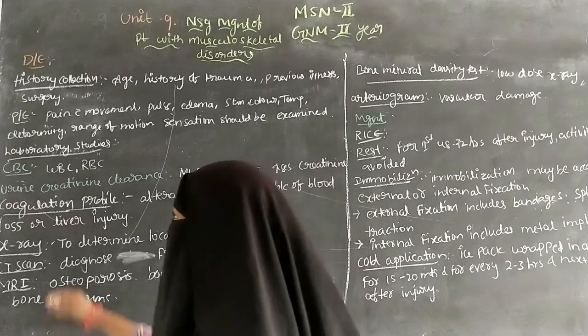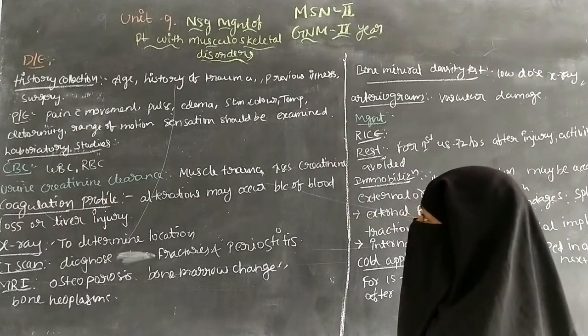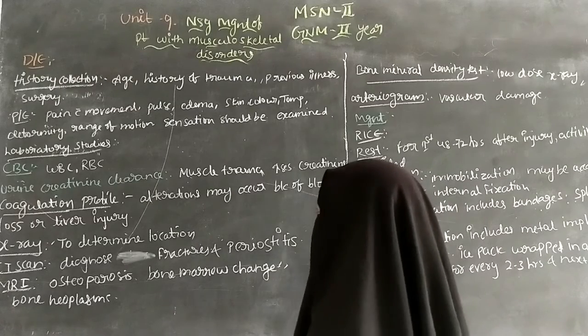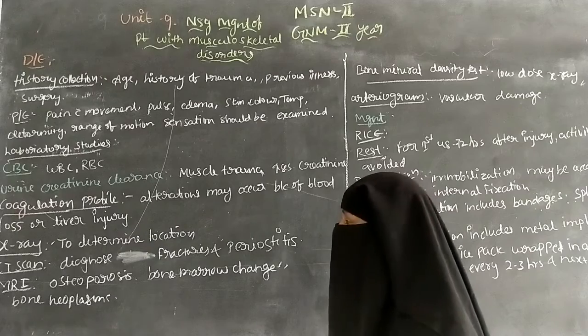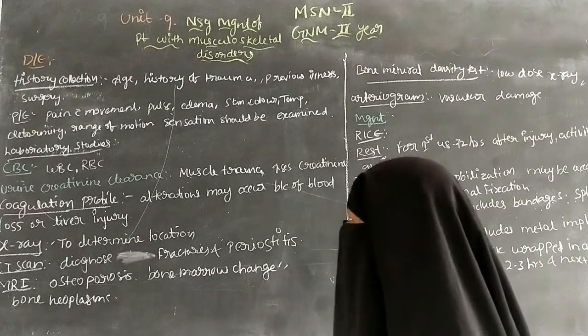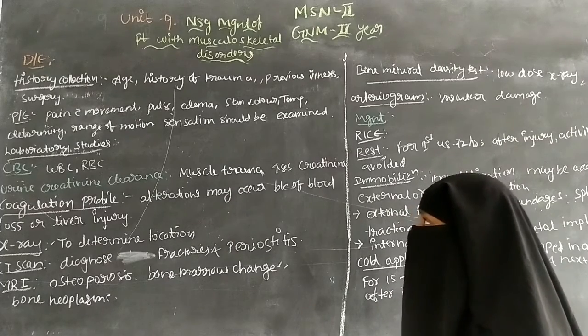And next one is the physical examination. In the physical examination, we assess pain with movement, pulse, edema and skin color. The nurse has to assess the skin color and the edema, and whether inflammation is present at the fracture site.